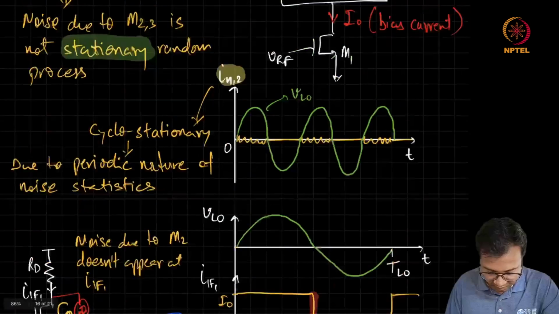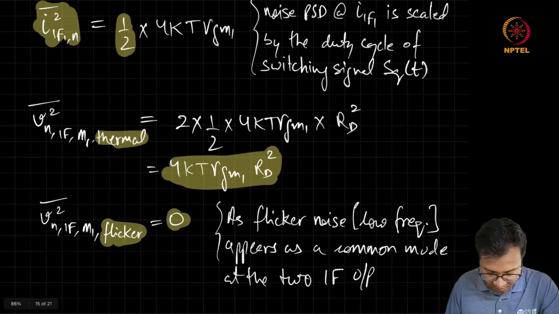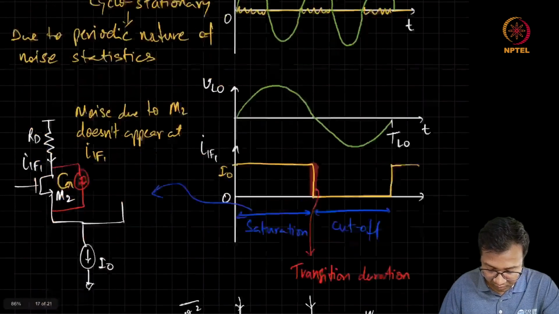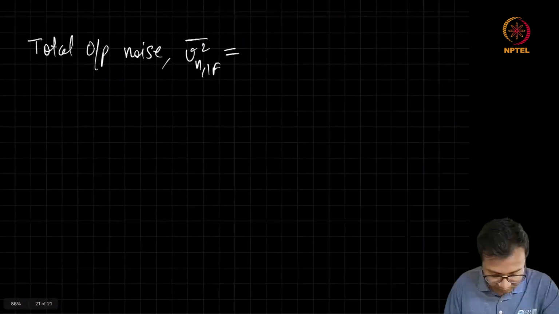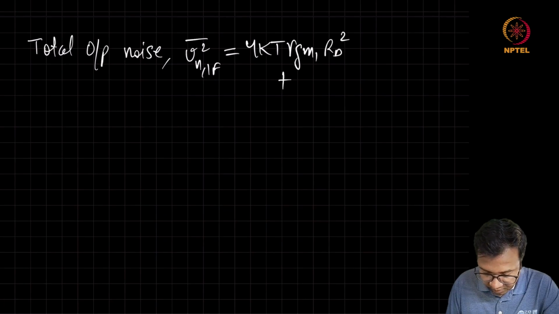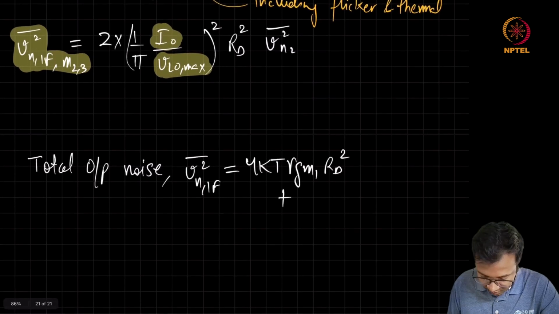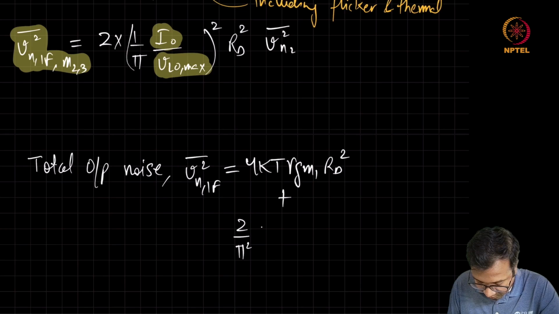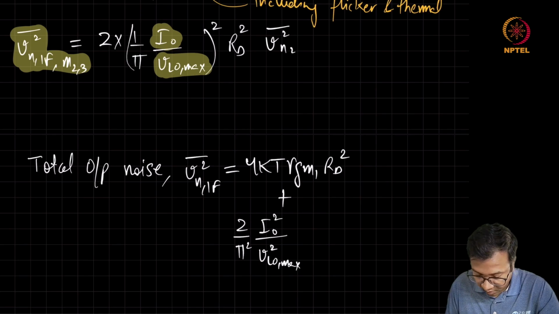So here we have noise due to M1, which is only thermal, 4kT gamma GM1 RD square, plus we have got this 2 by pi square, I naught square by VLO max square into RD square.